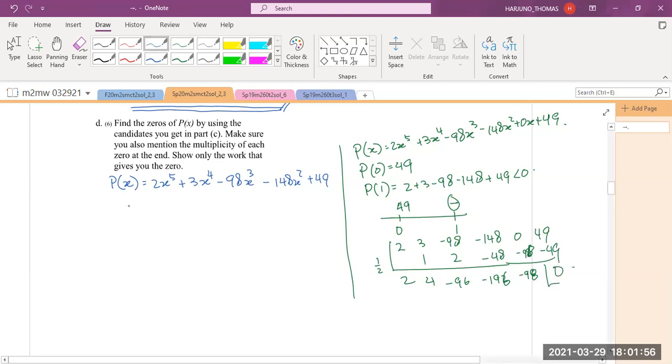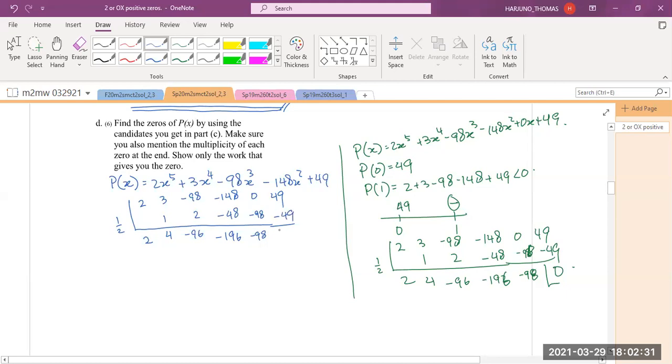So 1/2 is a zero. And notice that the third row here is all even numbers.